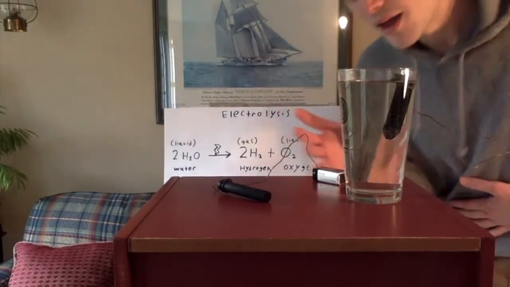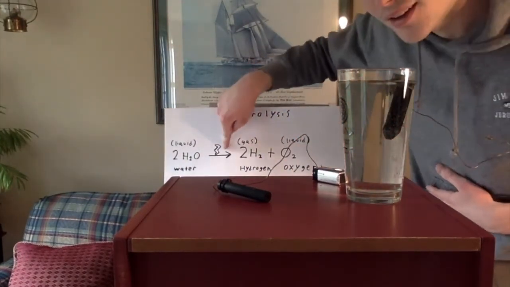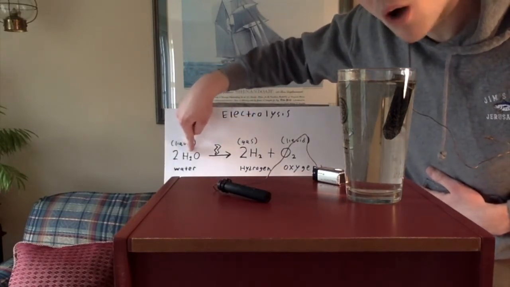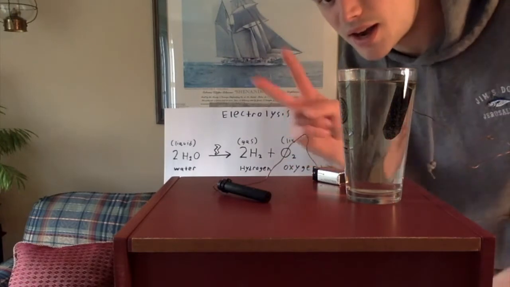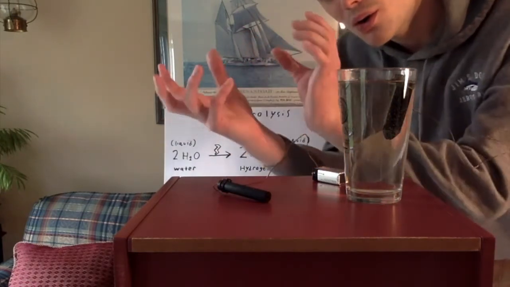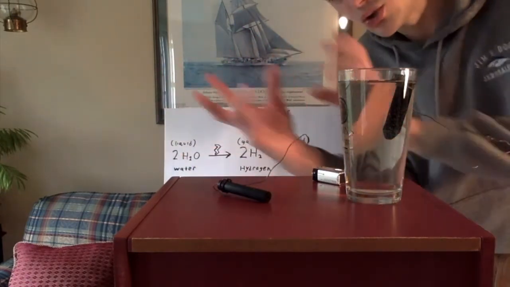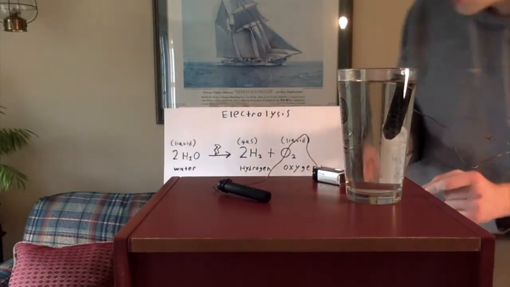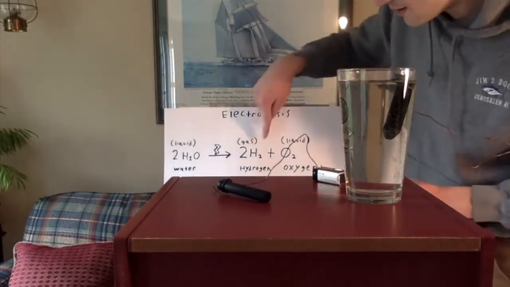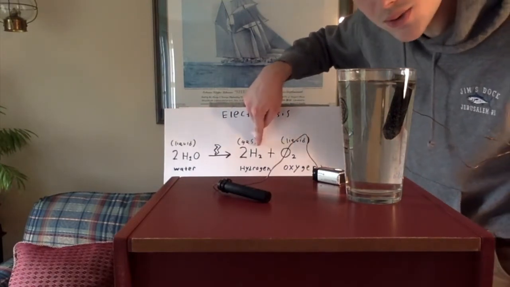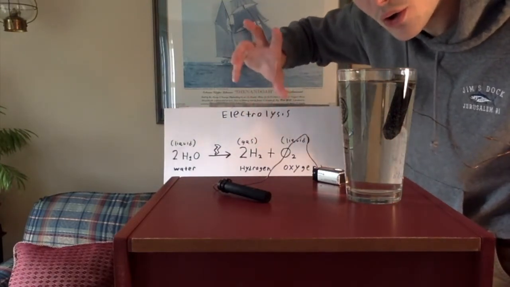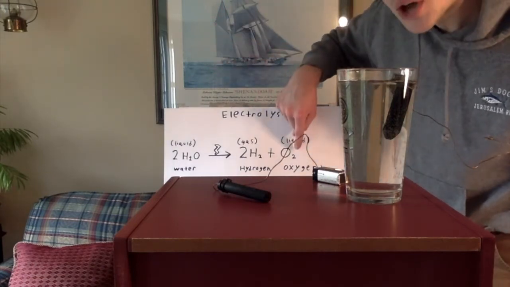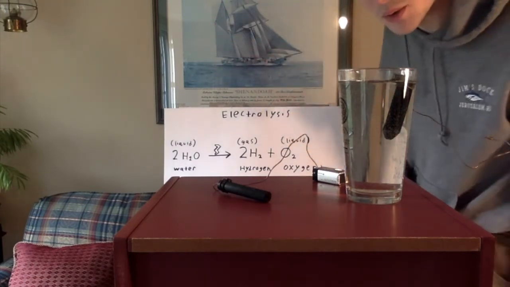So simply by passing an electrical current through our water, we're going to take H2O, or in this case, we have to think about it as two water molecules, two H2Os. When we charge them, they're going to split apart so that we get two H2s, two hydrogens, or really 4 hydrogens, to every 2 oxygens that we get.